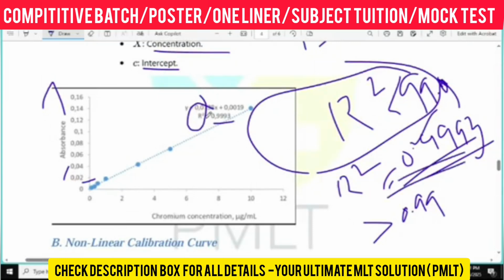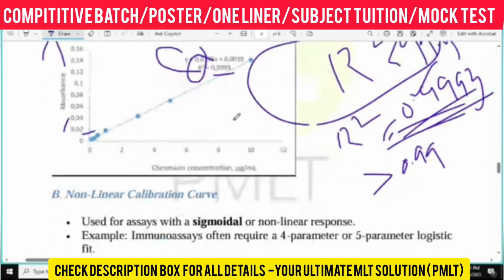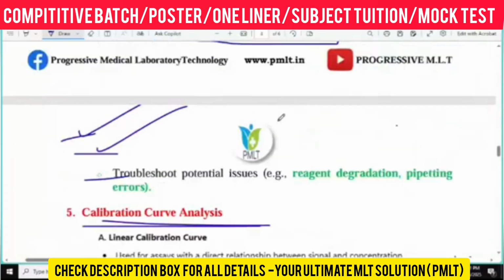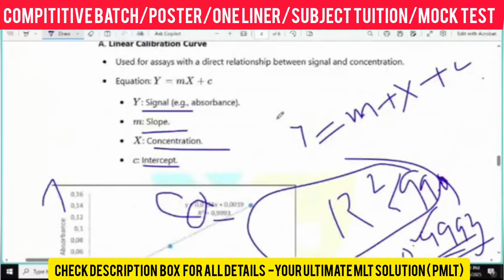How can we get this value? We are getting it from y, right? Whenever it is higher than 0.99, then we can take the result. Then we can say that the graph is right, as well as we can check this graph for the calibration. Understood? Any doubt?